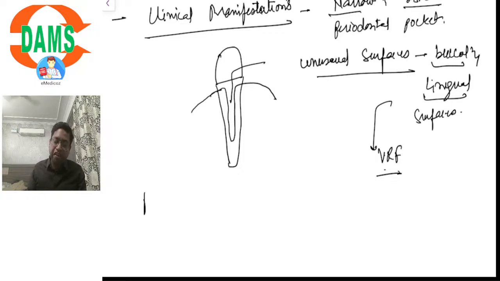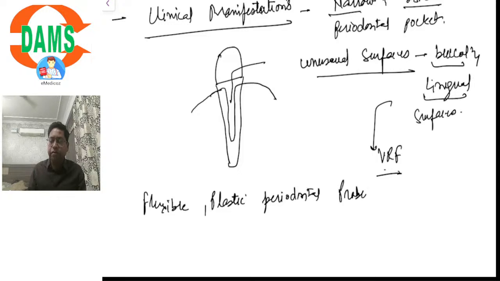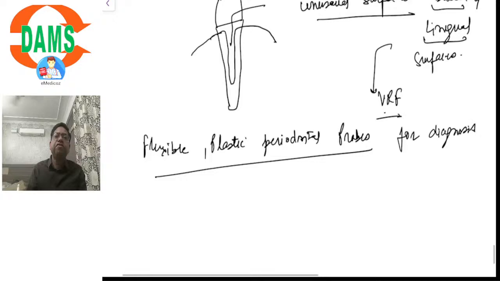These narrow and isolated periodontal pockets on buccal and lingual surfaces require flexible plastic periodontal probes for diagnosis. Another difference from the usual periodontal pockets: regular periodontal pockets are wide enough that a rigid metal probe can be inserted, like the Miller's probe that we routinely use.